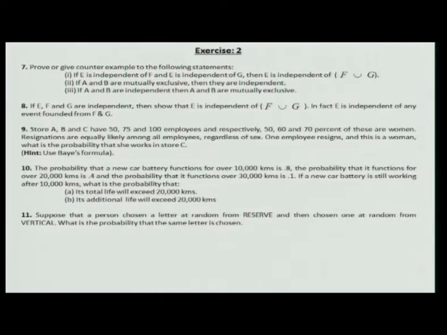The two letters that are common between these two words are R and E. So, you have to find the number of ways in which R will get selected from both or E will get selected. In the first word, RESERVE, R appears twice out of R E S E R V E, and R in VERTICAL appears only once. So, you can accordingly find the probabilities, and since choosing a letter from RESERVE and from VERTICAL are independent events, the required probability would be the product of these two.